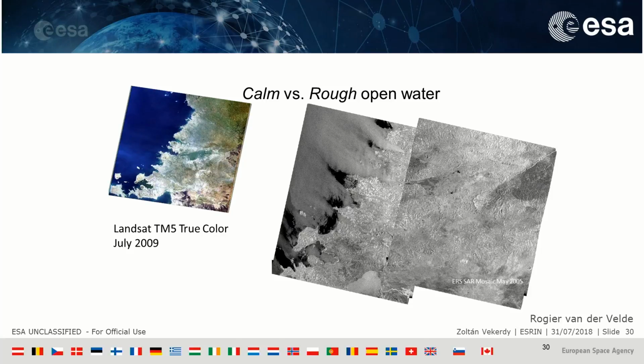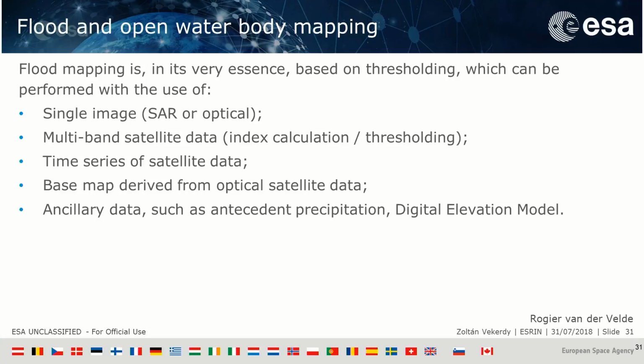The surface roughness is making much, much more backscatter towards the sensor than what you would expect if the water was smooth.